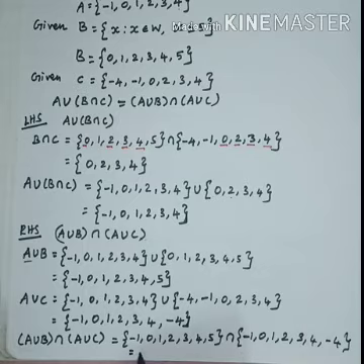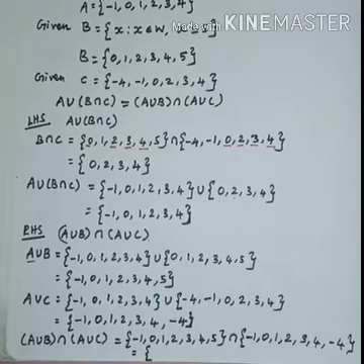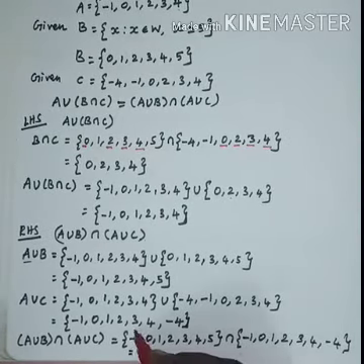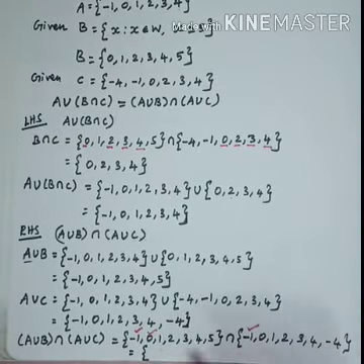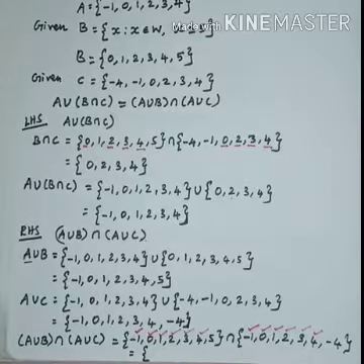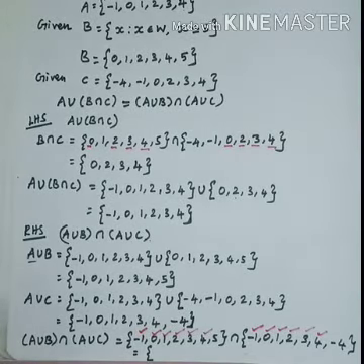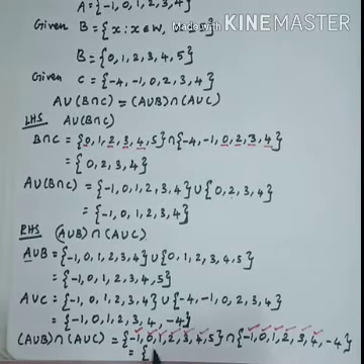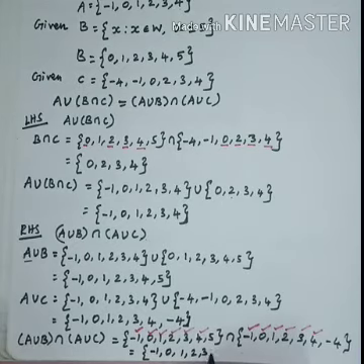Now we have to find the common elements in both the sets. So what are the common elements in both the sets? -1 is the common element, 0 is the common element, 1 is the common element, 2 is the common element, 3 is the common element, 4 is the common element. So we have to write the common elements here: -1, 0, 1, 2, 3, 4. These are the common elements in both the sets.